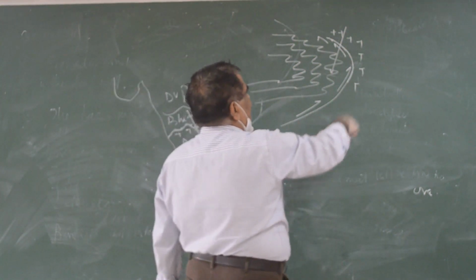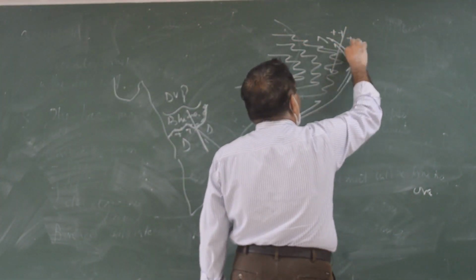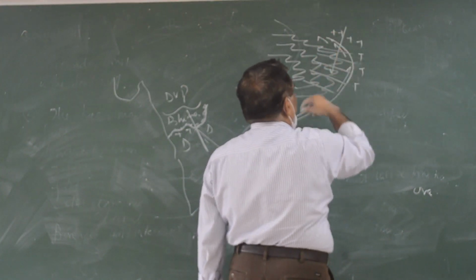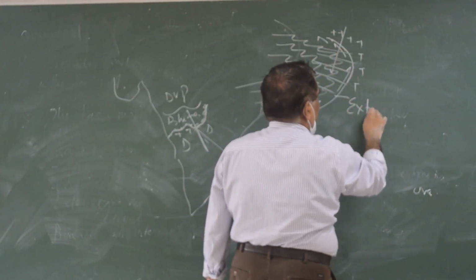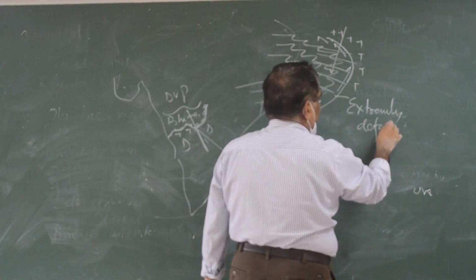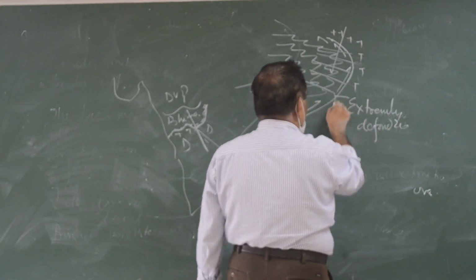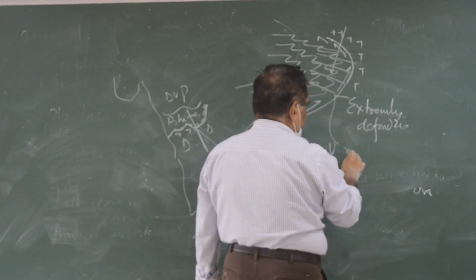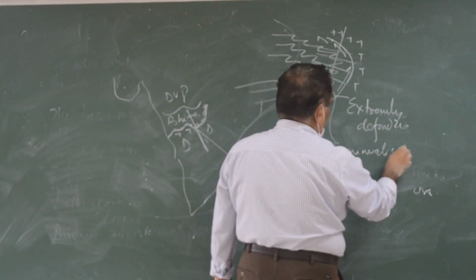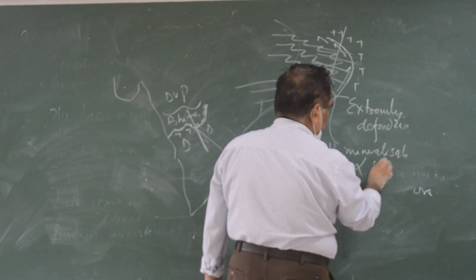Because of this inversion, a number of fractures are developed like this. This area is an extremely deformed zone. Along these fractures, uranium mineralization is detected in limestone.